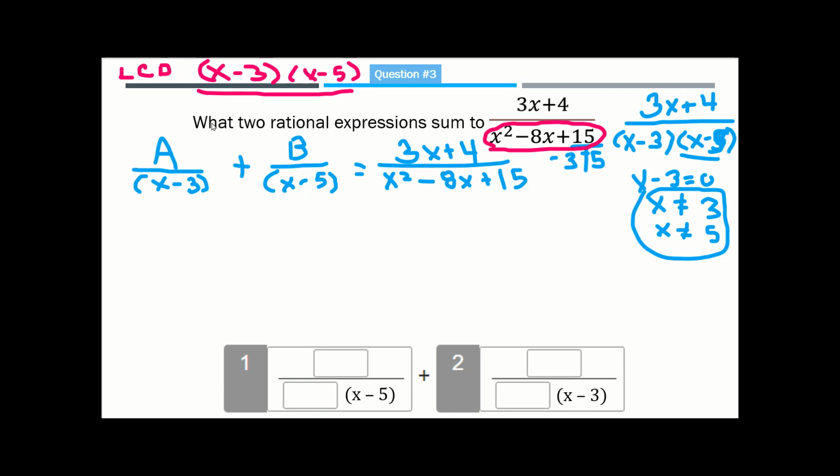Now this is going to get real crowded if I pull it down, so just imagine I'm multiplying A times x minus 3 times x minus 5, but the x minus 3 is going to cancel, so we're just left with A times x minus 5. We'll go on to that second term that we're adding. Again, we're multiplying everything by the lowest common denominator. So here the x minus 5 is going to cancel, and we're left with B times x minus 3.